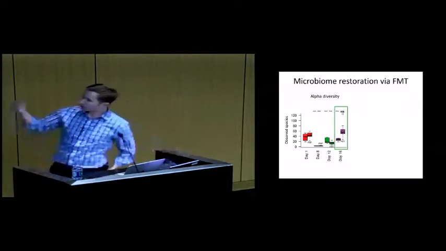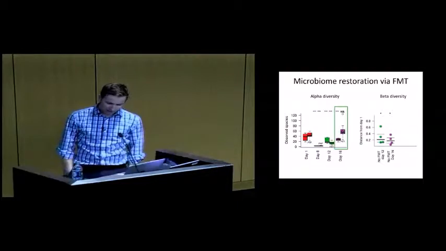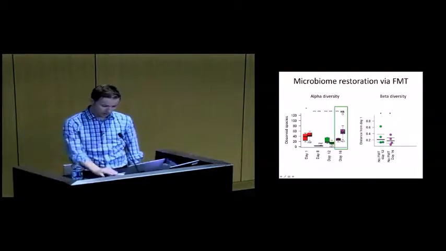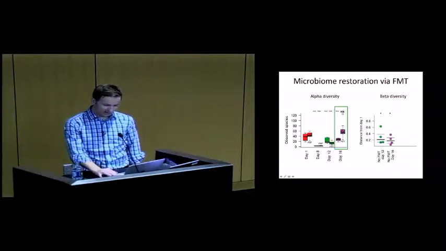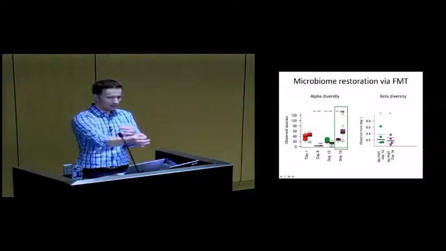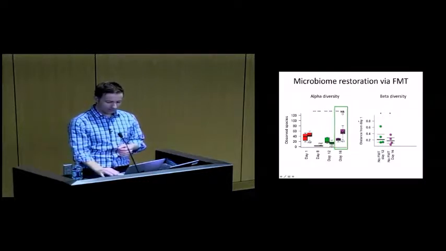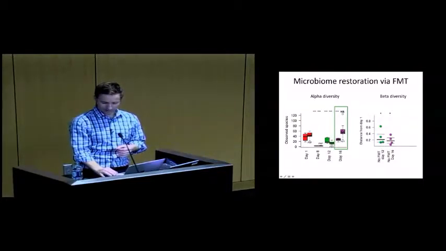So this is the diversity. We can see we can recover that with FMT in mice. These are mice, and this is what we call beta diversity. That's basically the ecological distance from their baseline sample. So this is a mouse at, let's look at the purple ones, day 16.